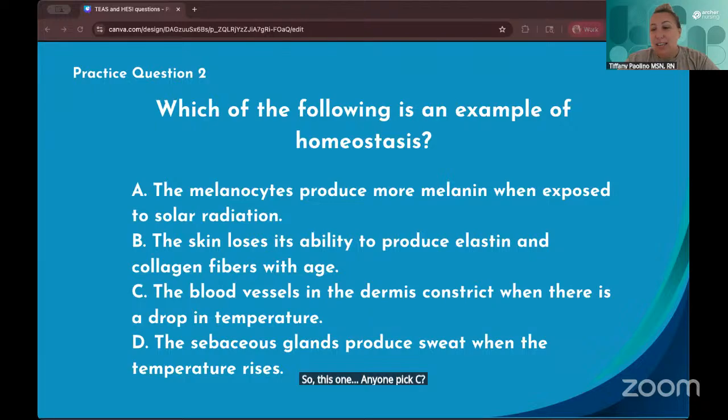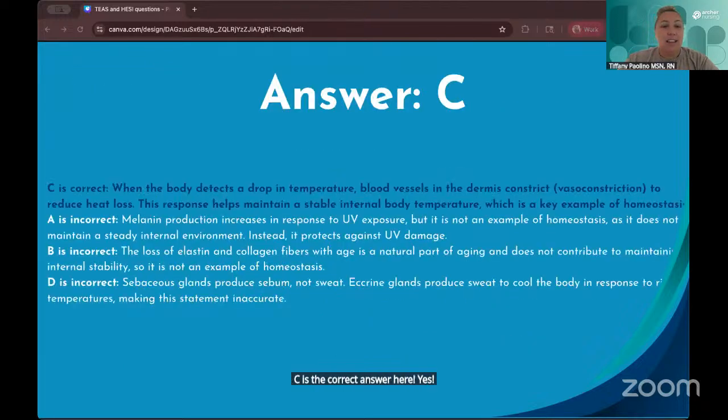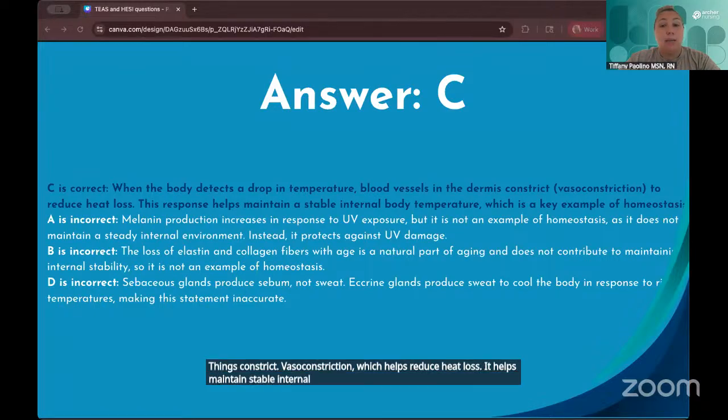C is the correct answer here. Yes, excellent. So, why is that right? When the body detects a drop in body temperature, what ends up happening? Things constrict, vasoconstriction, which helps reduce heat loss. It helps maintain stable internal body temperature.